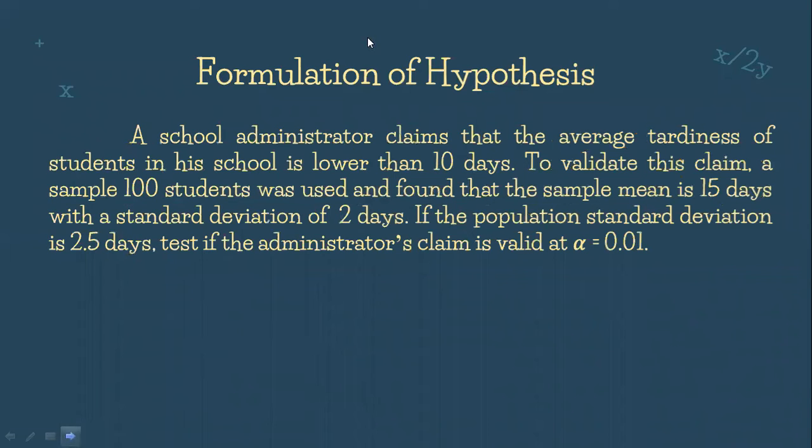So, for example, we have here a school administrator claims that the average tardiness of the students in his school is lower than 10 days. So again, my dear students, lagyan natin siya ng palatandaan. Sabi dito, the average tardiness of the students in his school is lower than 10 days.